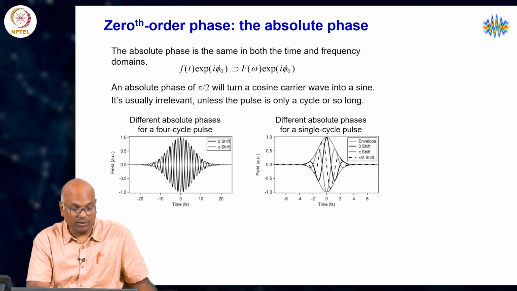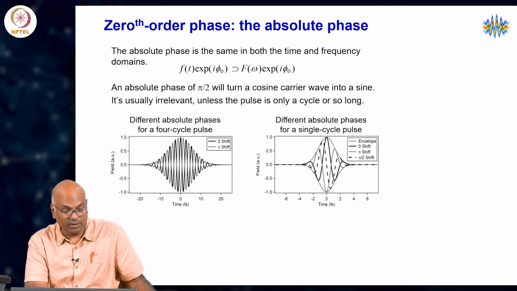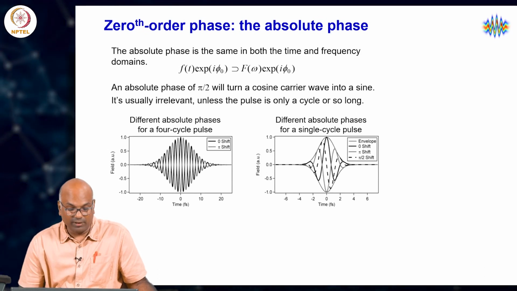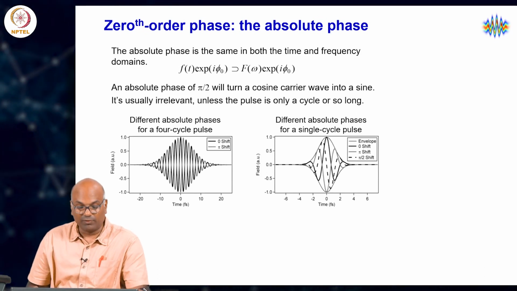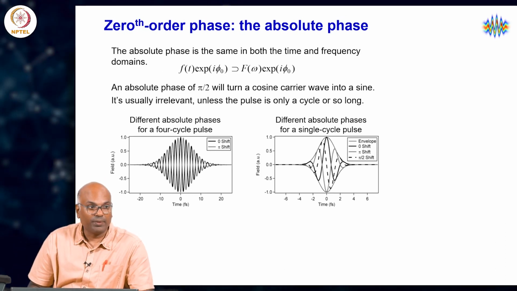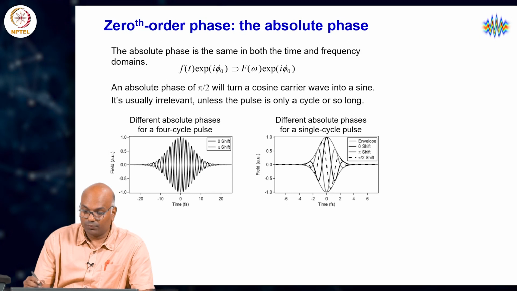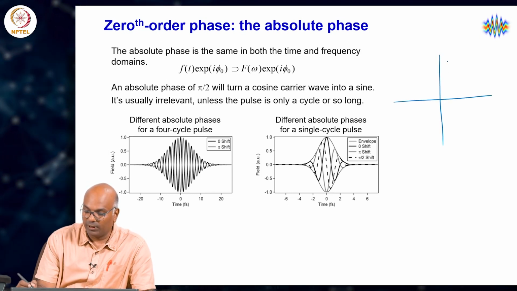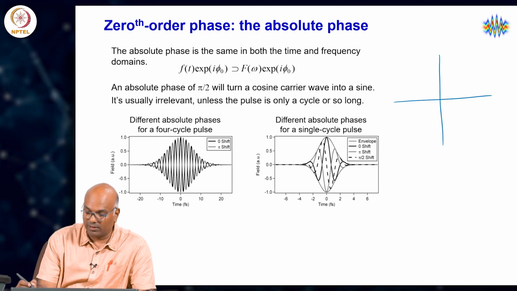Saying, look, if we have very short pulses, the shorter the pulse, greater the visual impact or even the impact of the 0th order phase, because it then becomes like a knob that I can use to designate various types of pulses, right.